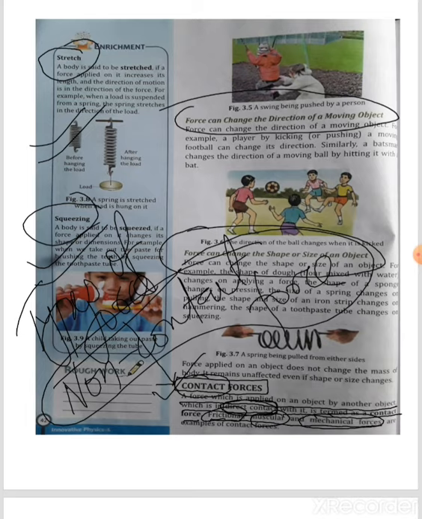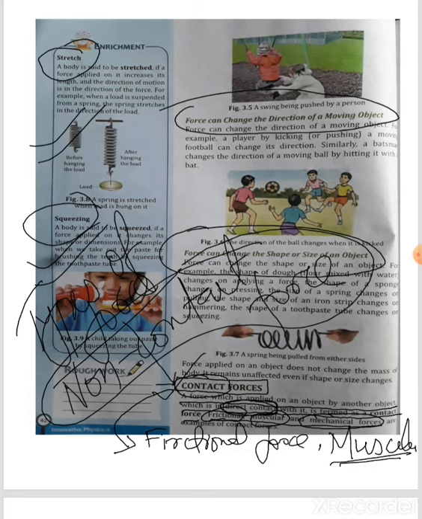These are the examples of contact force. Number one is frictional force. Number two is muscular force, the force which is coming from our muscles is called muscular force. And the last one is your mechanical force.